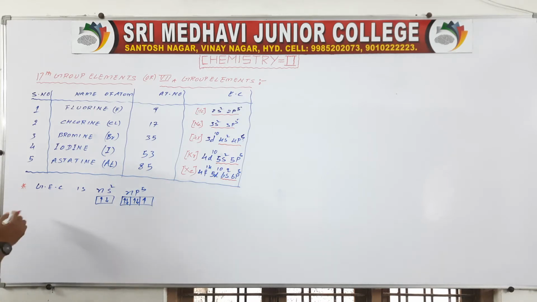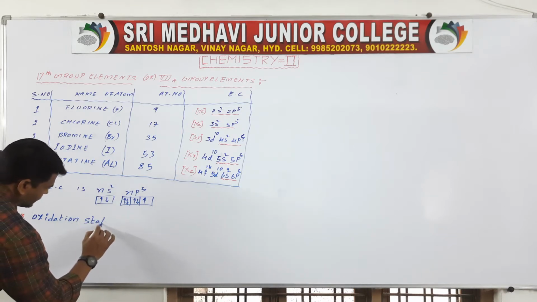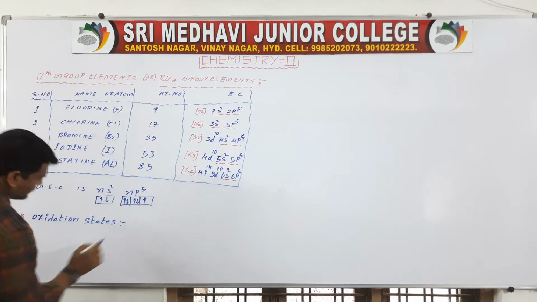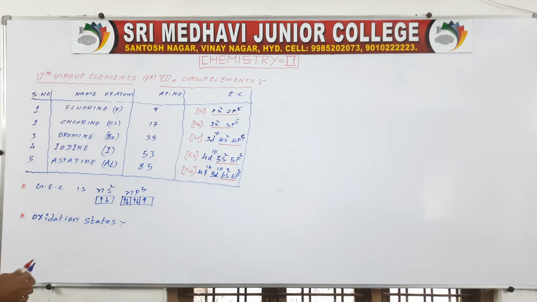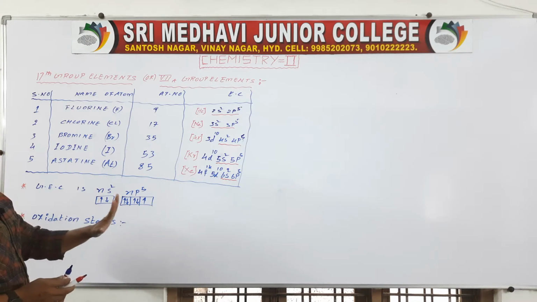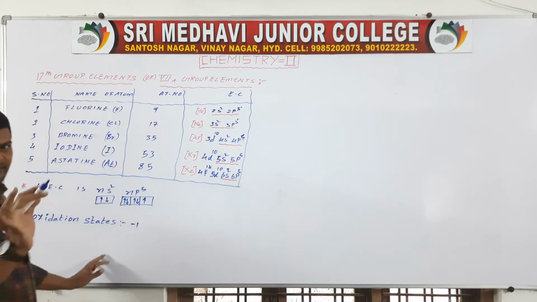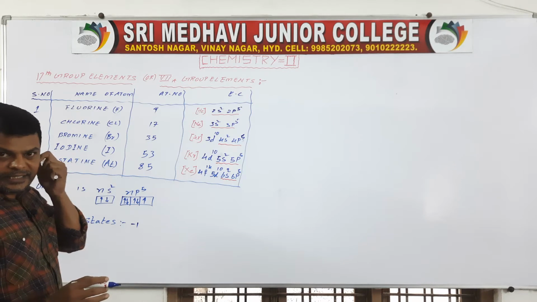Next you have to know the oxidation states. See here, how many electrons are in the valence shell? 7. By gaining 1, it gets a noble gas electronic configuration. So -1 is the first and common oxidation state.